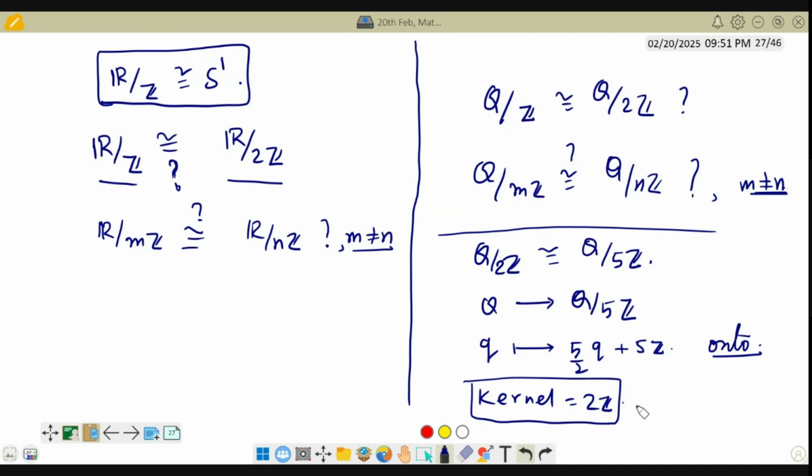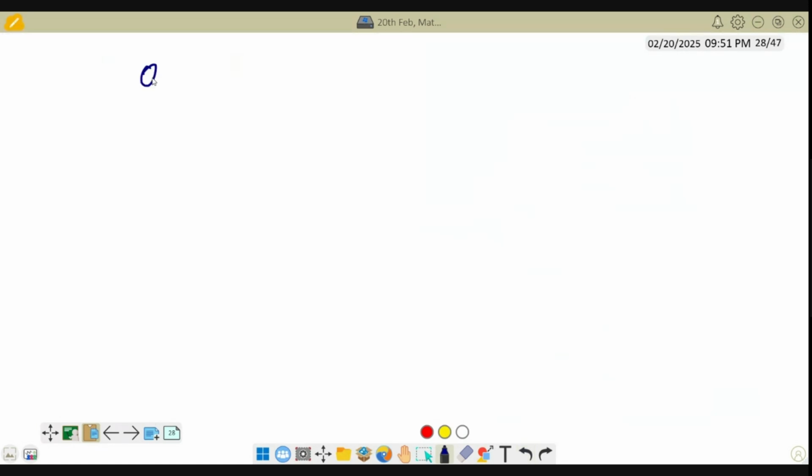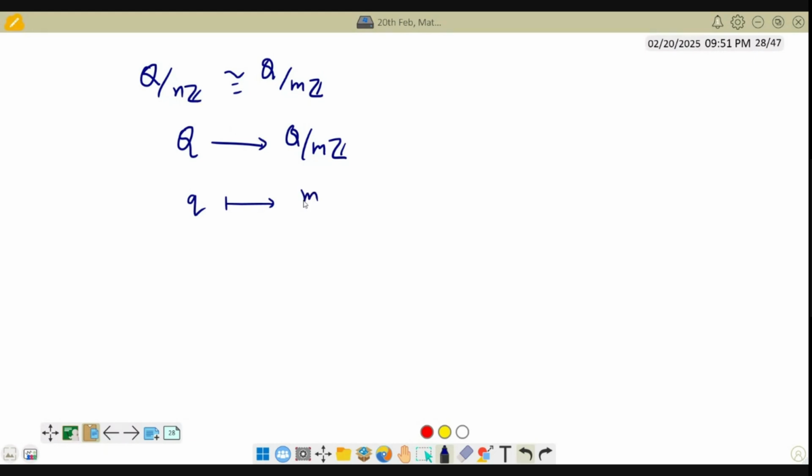So the kernel is 2Z. Similarly, you can use this approach to prove that Q mod 2Z is isomorphic to Q mod NZ. How will you prove it? Define it this way: send q to q plus NZ, so your kernel will be NZ.